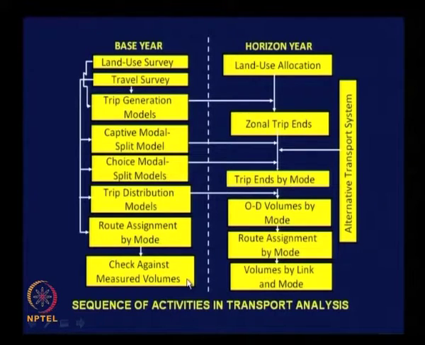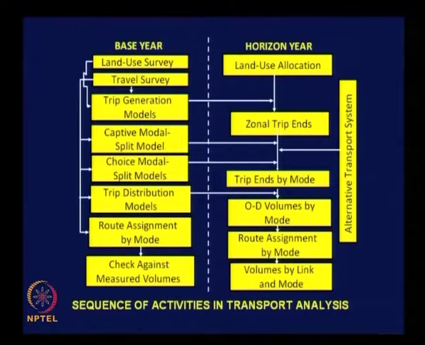Now, we have discussed the four steps related to goods transportation also. So, again start here separately for goods transportation: trip generation models for goods transport, and a captive mode split model for goods transport if there is any. If a particular commodity is carried only by a particular mode, then there is no choice issue. Let us say coal being transported to a thermal power plant from a seaport.